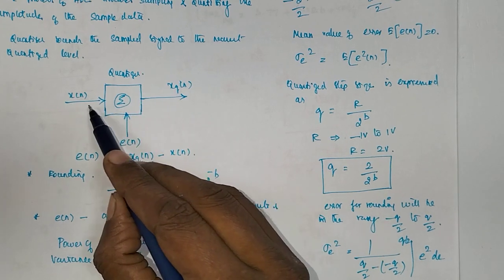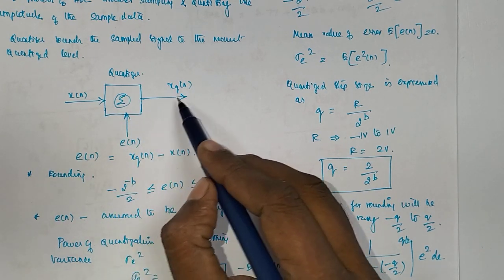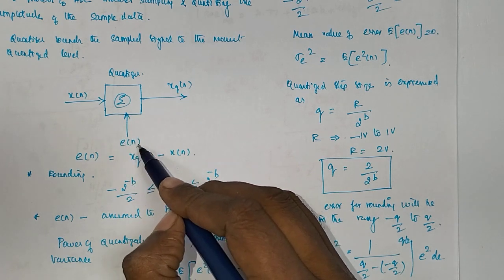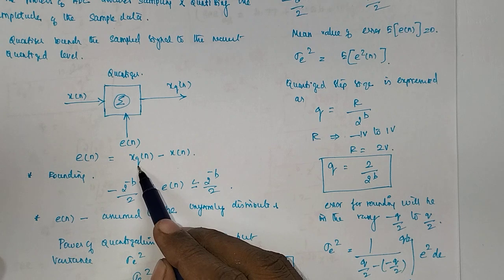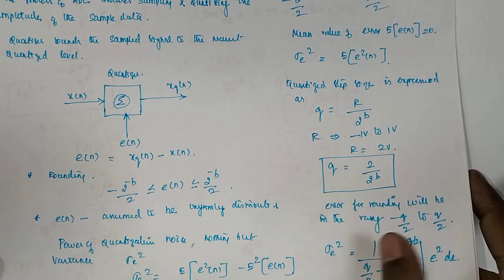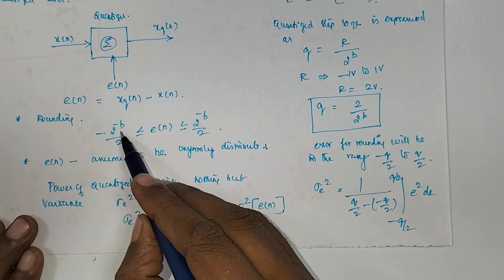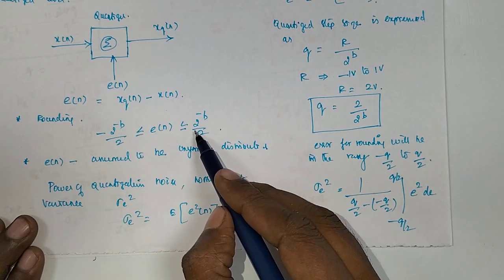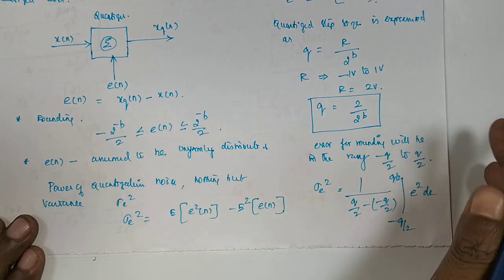For the system, x of n is the input and xq of n is the quantized output, so that I have the error as e of n. So the error e of n is equal to xq of n minus x of n. Due to rounding, the error is in the range of minus 2 power minus b by 2 to plus 2 power minus b by 2.